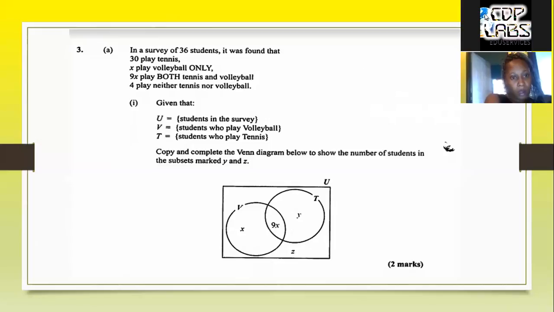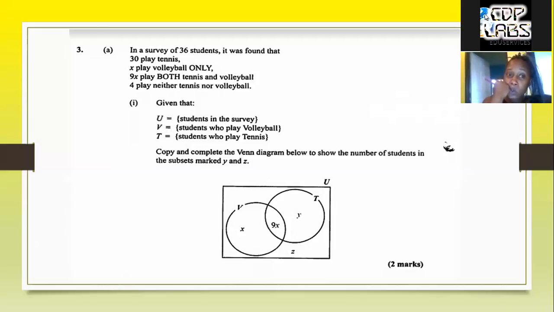Given that U equals the number of students. No, no, that's not where it starts. It starts right here. If in the survey population it was found that A could play tennis, X play volleyball only, 9X can play volleyball and tennis.